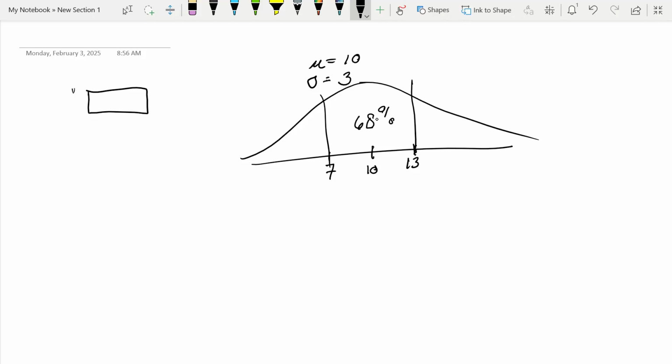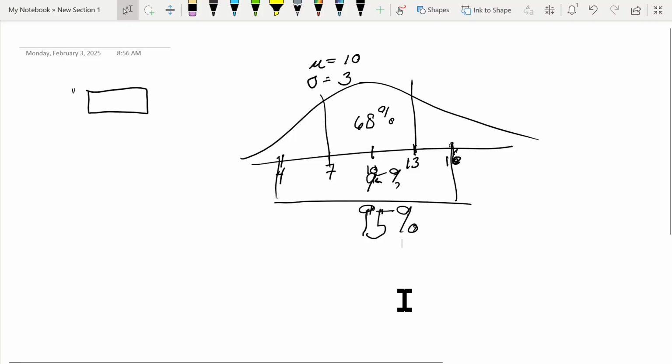If I go out 2 standard deviations, 10 plus 2 times 3, well, that's really good. I add another standard deviation, I go to 16, and I subtract another standard deviation, and I go to 4.